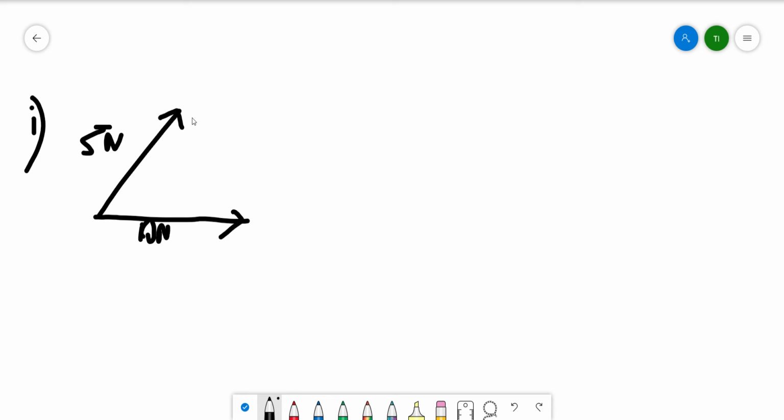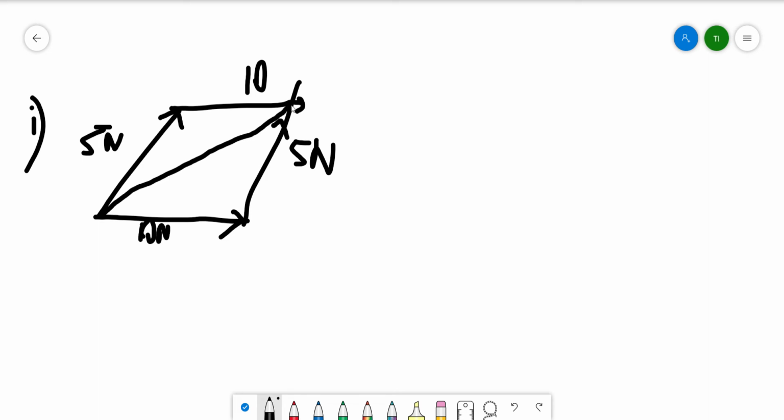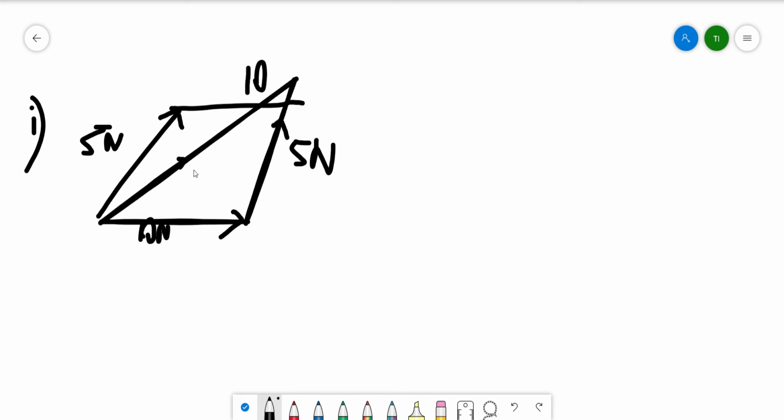Now, assuming this is a scale diagram, what you could do is use the properties of a parallelogram. If this is 10 newtons, then when you extend this, this will also be 10 newtons. And when you extend this, this will also be 5 newtons. And when you measure this middle part, this will give you the resultant force.